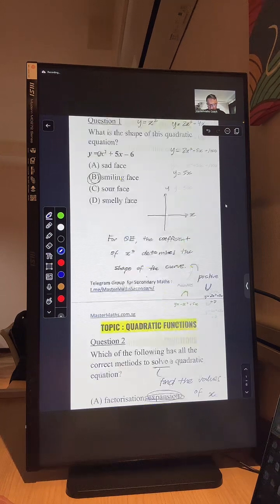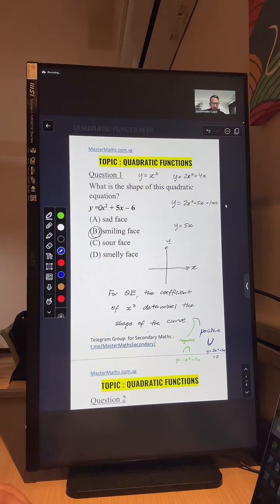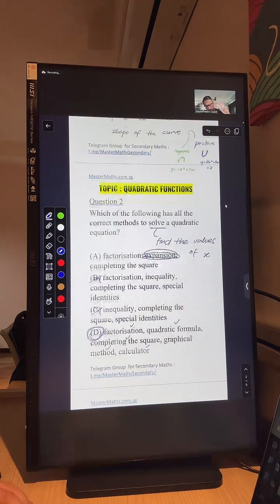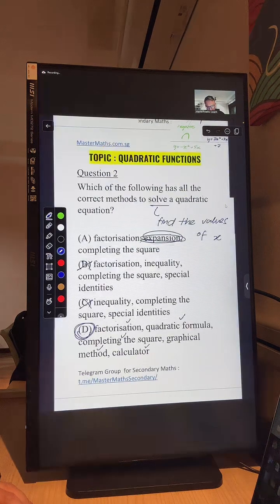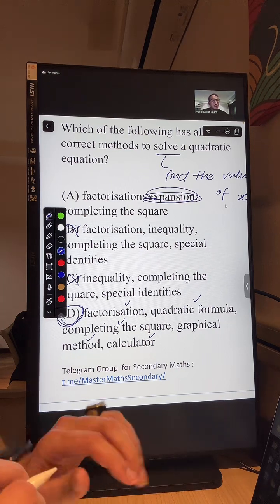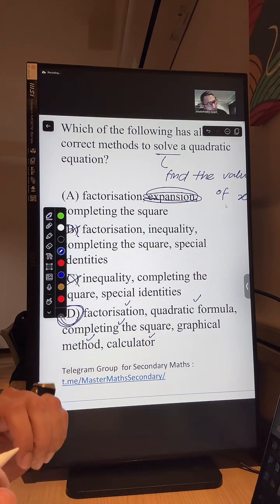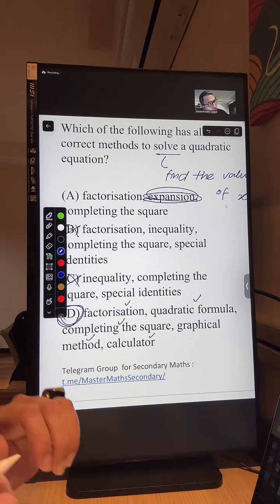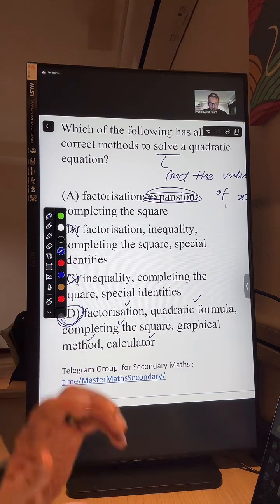So let's see what we've covered so far. We've talked about the shape of quadratic equations. We've talked about the methods. So how many methods are there in total, guys? Can you all tell me how many methods you see here for part D? Give me some answers in your comments. Okay, 5 methods.